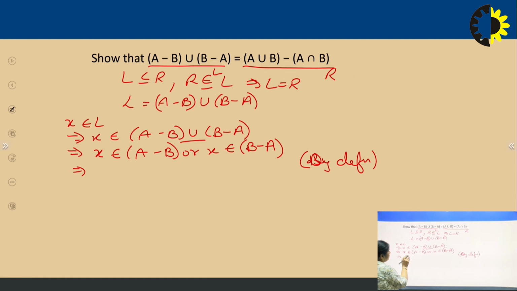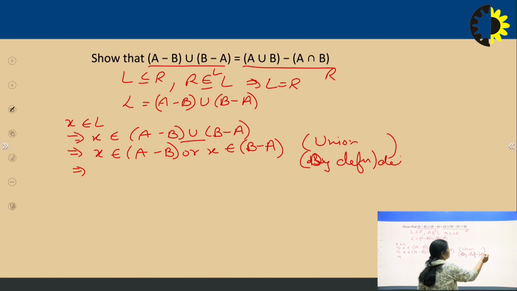Now if I consider X belongs to A minus B, what does it mean? This was the definition of union and this is the definition of difference.